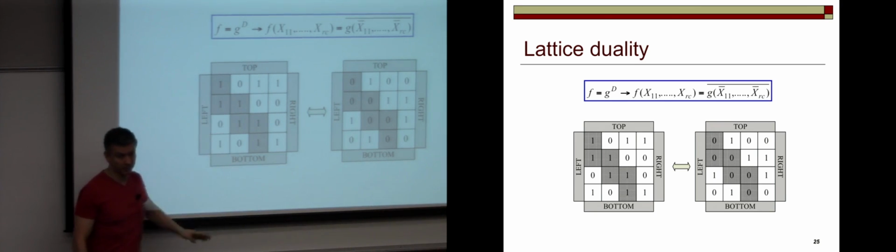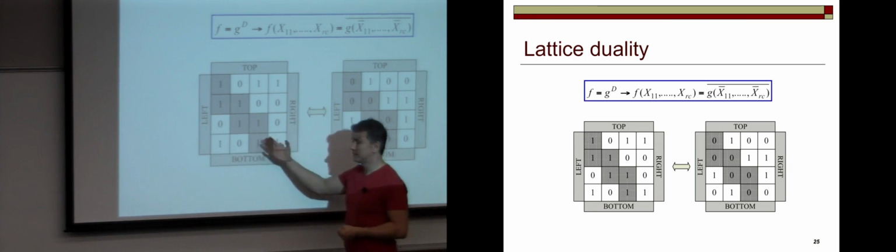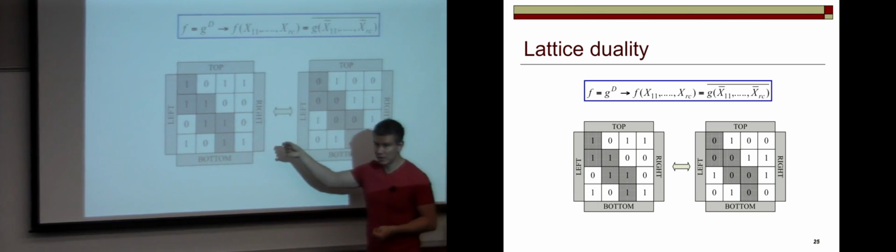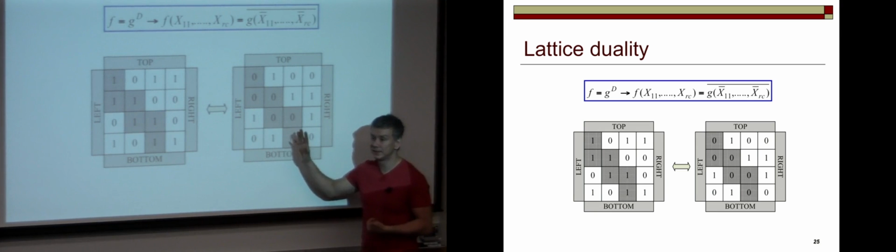top to bottom. So now this is where you have to do a little bit of imagination in your head. In terms of the dual function, imagine that I flipped all the 1s to 0s, because that's what I do in the computation of the dual function. That means that this would be a different case. This is a different input case. But in a different input case, I would now have all the 1s flipped to 0s and all the 0s flipped to 1s.